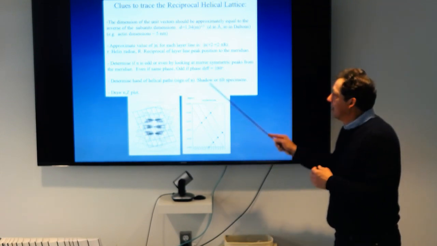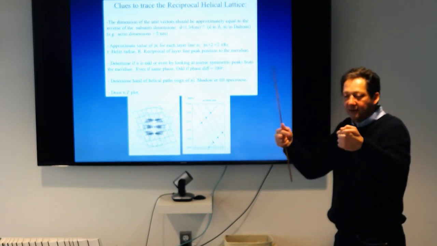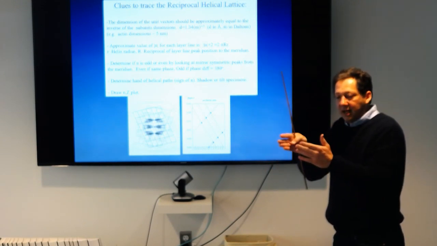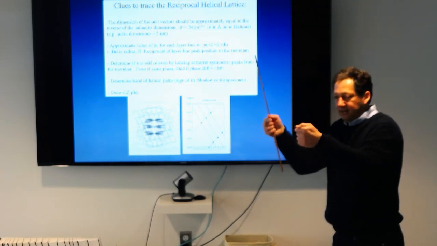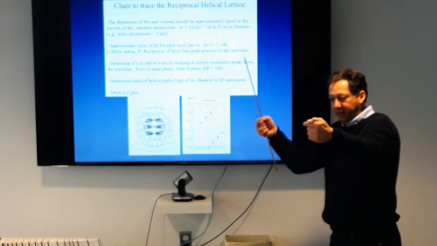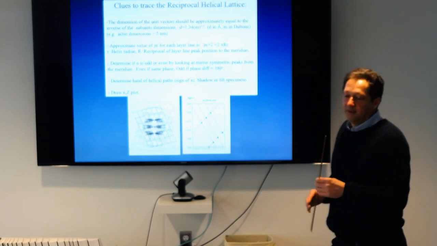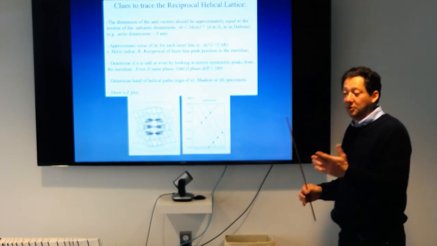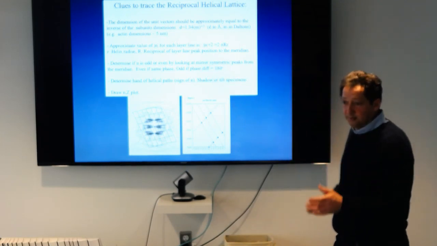And the phases, if you were to measure it and convince yourself, once you have your helix aligned, you're going to see that the phase difference between this point and the equivalent peak is going to be either 0 or 180 degrees. If it is centrosymmetric, it's going to be even, and it's going to be 0.